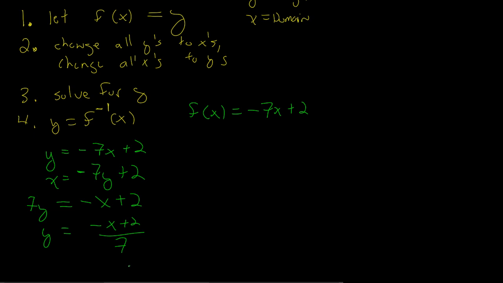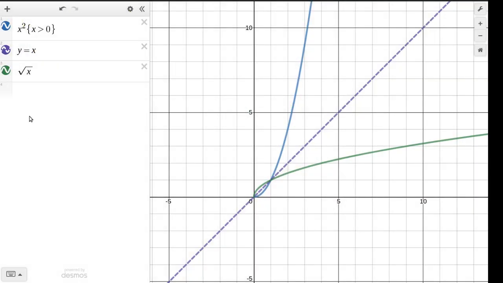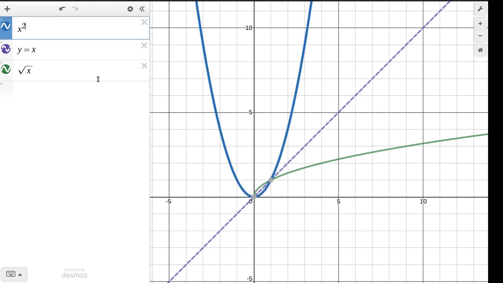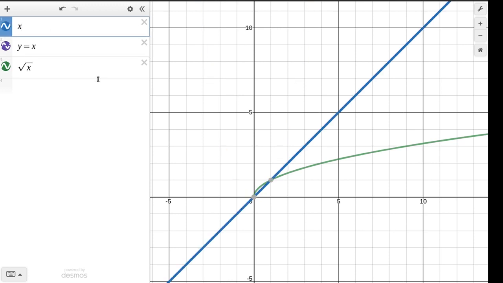Well, let's graph this and see what it looks like. So let's switch back to the graph. Now I'm going to keep this y equals x midline, because that midline is really good for defining the mirroring point that we want to do.